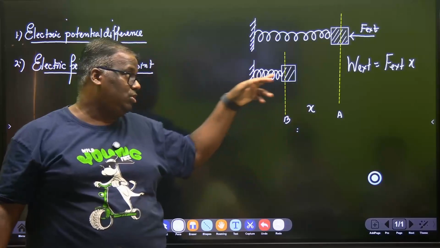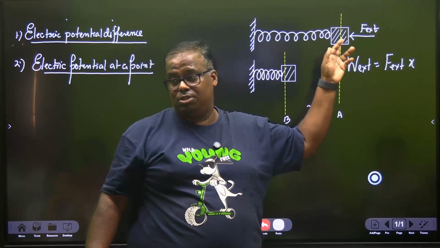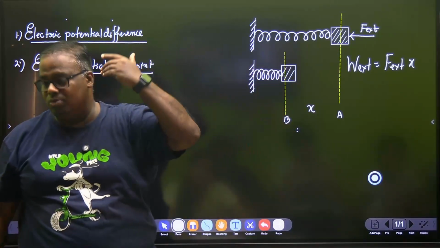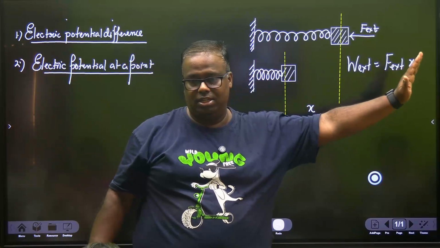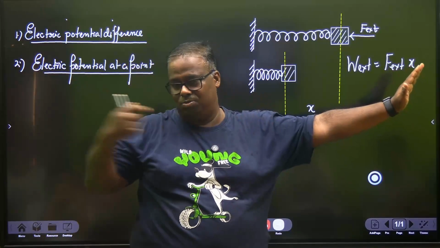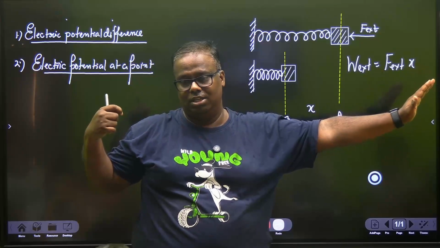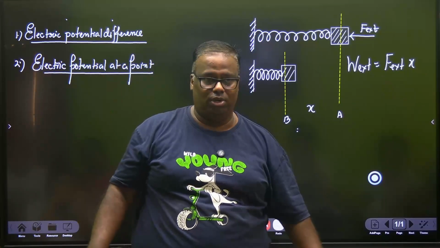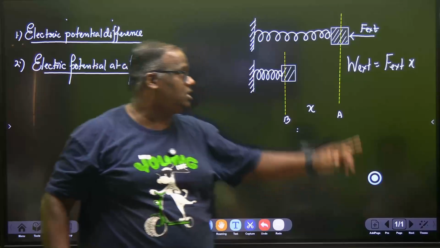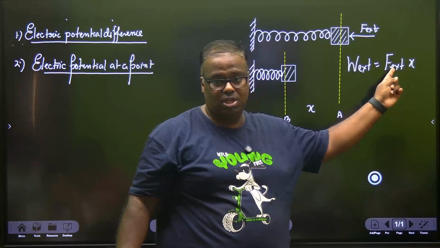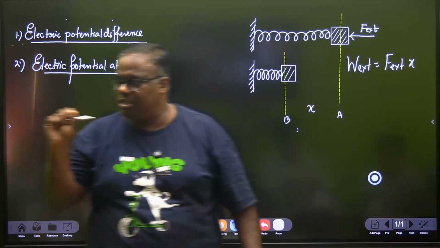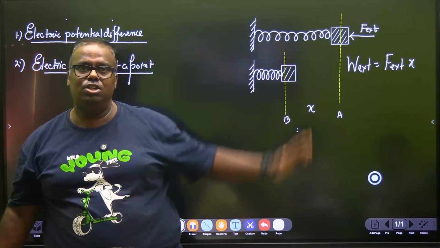But if I want to see this work from the spring force perspective, the spring force is acting on this side, and the displacement is happening on this side. Then for the spring force, it is a negative work. Have you understood? This external work, if I replace this force by the spring force, I have to put a minus sign. Is this much understood or not?